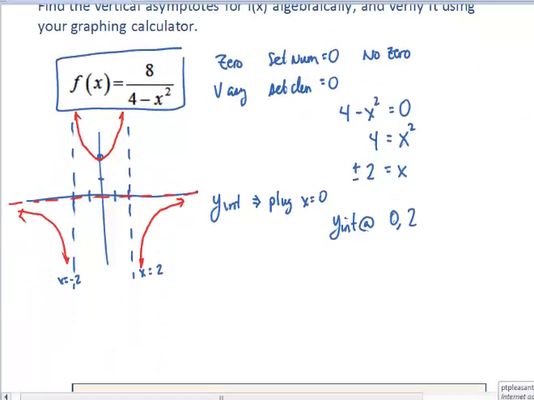Now the point of the lesson was to discuss what the vertical asymptotes are in terms of a limit statement. So for every vertical asymptote, we have two limit statements.